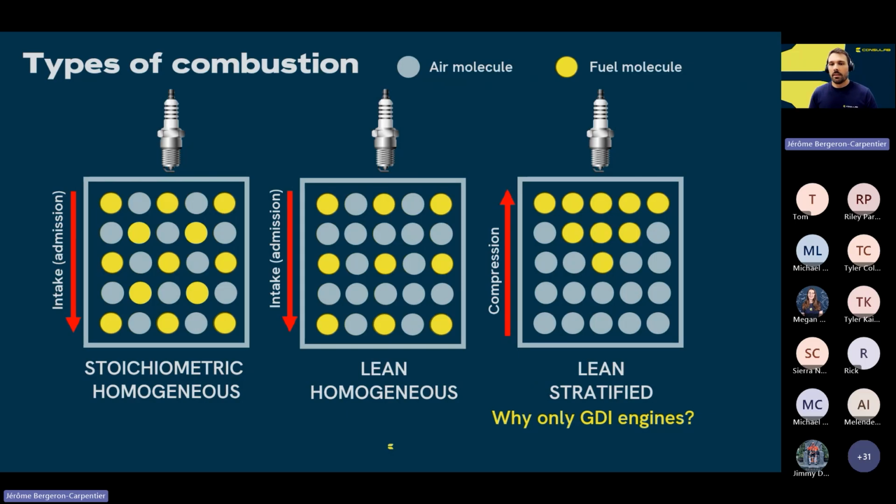And that's the thing: we need to have that injection when the engine is in the compression mode. So we do need a GDI engine, because our injectors are inside the chamber and not in the air intake. That is why, yes, the lean stratified strategy is only for those GDI engines.